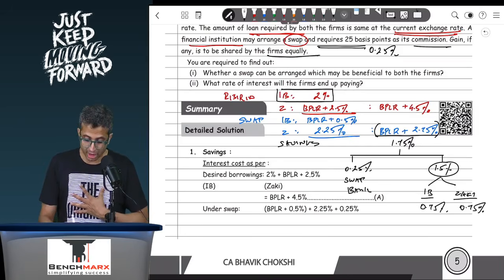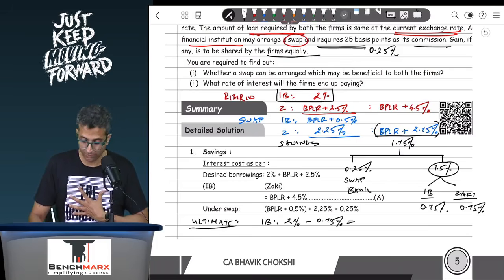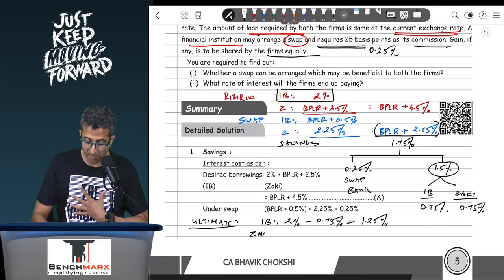Now, if I enter into a swap, the ultimate cost of borrowing should ideally be for IB 2% minus 0.75%, because swap is resulting in a saving of 0.75% for IB. And for Zaki, my ultimate cost of borrowing would be BPLR, if they would have borrowed directly at 2.5% minus 0.75% again.